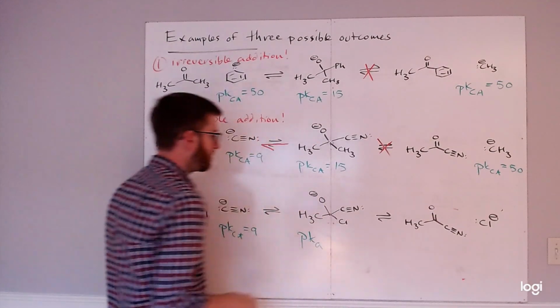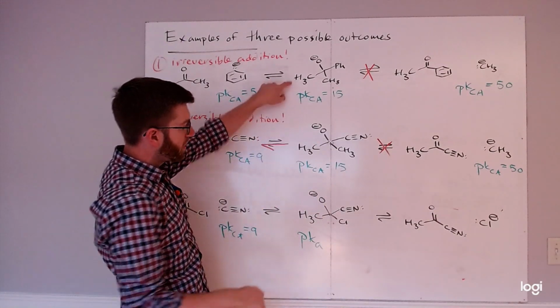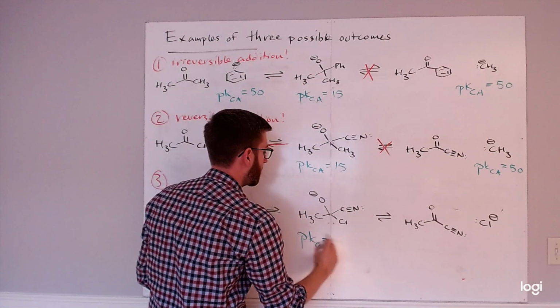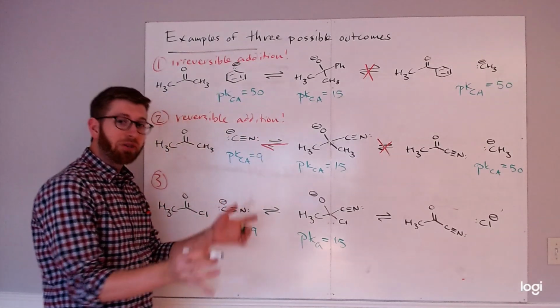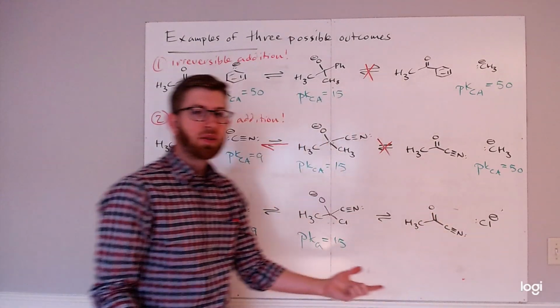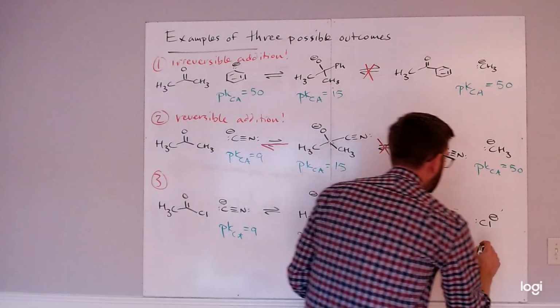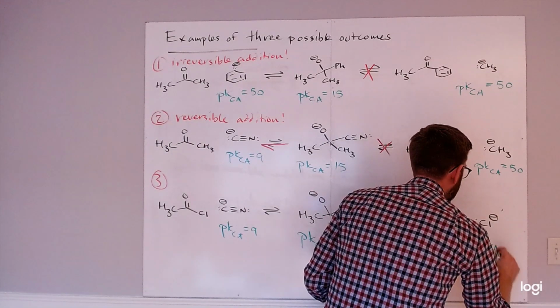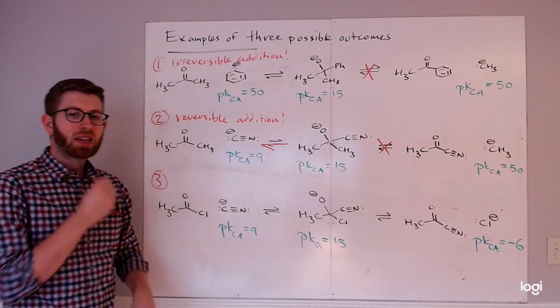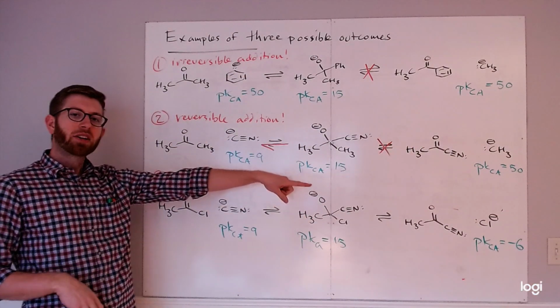Again, it's going to be not the same as this or this, because now I've got a chlorine that's not present in either of these structures, but it'll be similar. So I'm going to call it about 15. Remember, we're rounding. And then again, here I've got Cl minus as a leaving group now. So the pKa here, we're describing HCl itself. So -6. So we've got a highly stabilized anion in the final products.